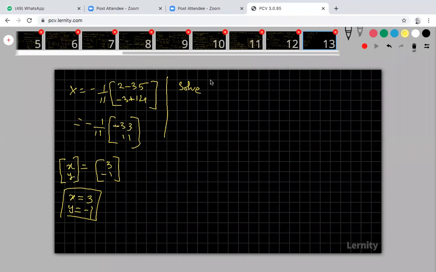Solve 3x minus 2y plus 3z equal to 8, 2x plus y minus z equal to 1, 4x minus 3y plus 2z equal to 4.